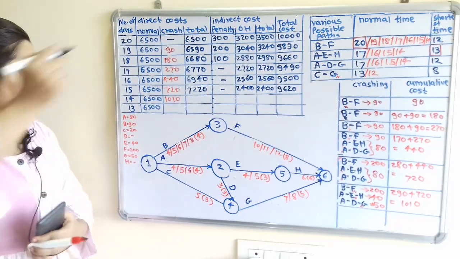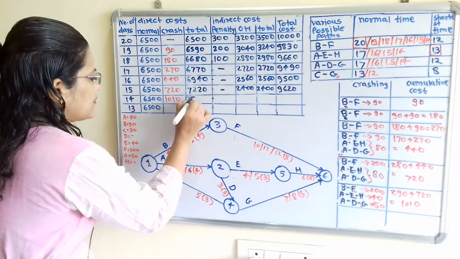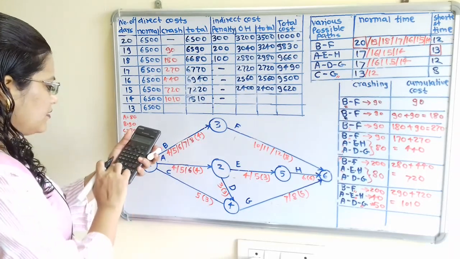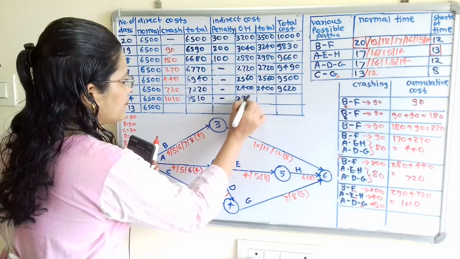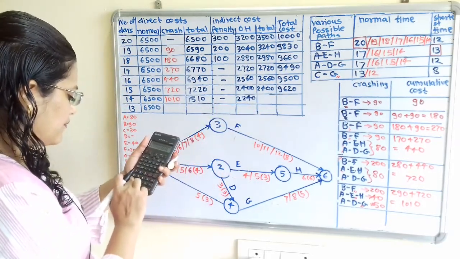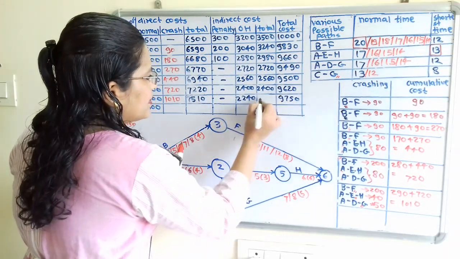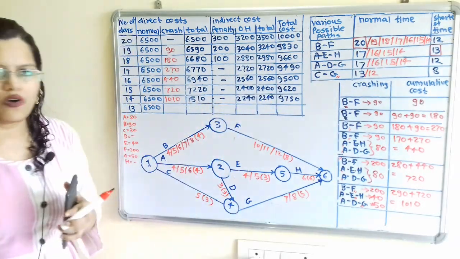So here is 7510, no penalty cost, and 40 multiplied by 160, 2240, plus 7510, that is 9750. And here this total cost will be 2240 because of no penalty cost.